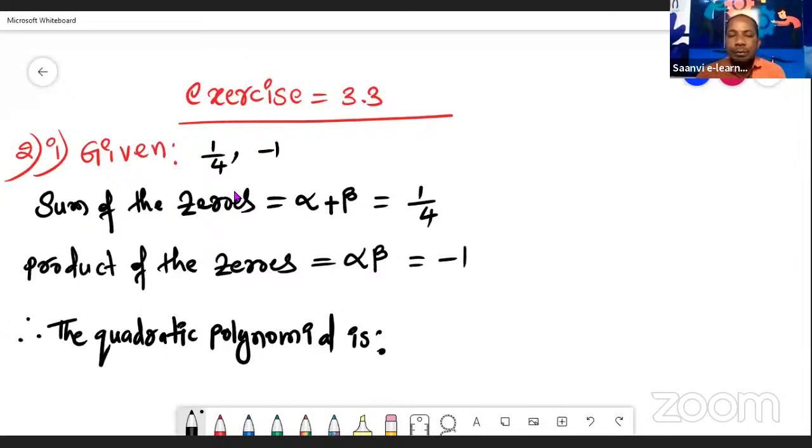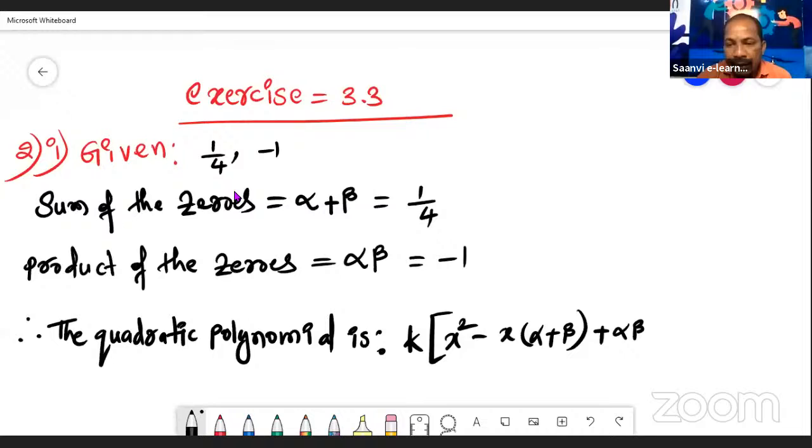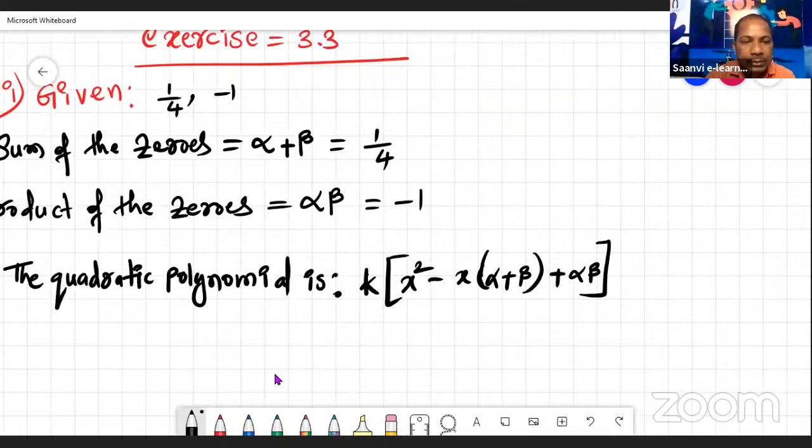whenever two zeros are given, how do we find the quadratic polynomial? We discussed it in the previous class. It is k of x square minus x into alpha plus beta plus alpha beta. Remember that class: whenever two zeros alpha and beta are given, to find a quadratic polynomial we use this formula.